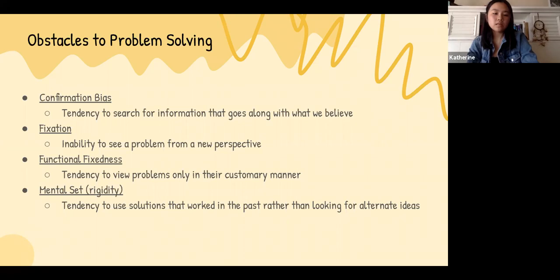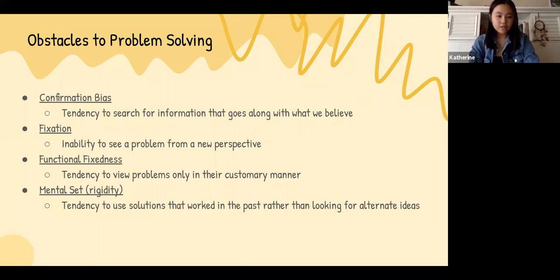So this is the tendency to search for information that goes along with what we believe. So if you remember in Unit 2 when we talked about the scientific foundations, how a lot of times we often have confirmation bias. We just kind of end up ignoring anything that doesn't go with our thinking. So that is something that is going to be a big problem to problem solving.